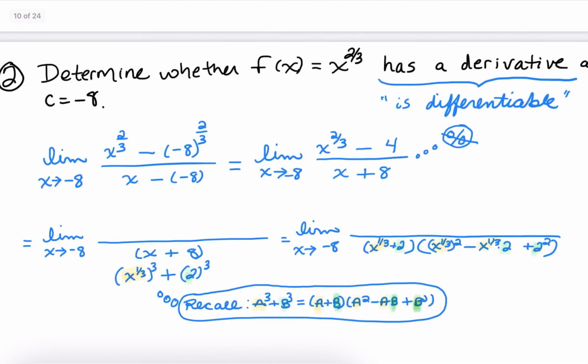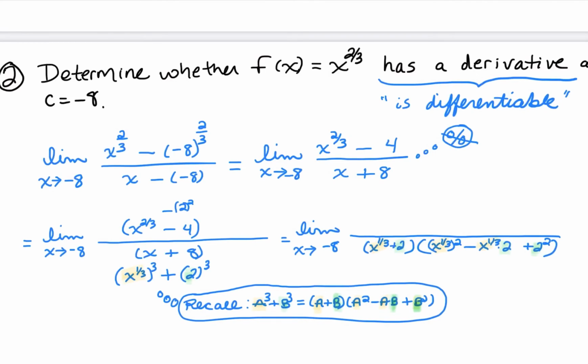Okay, what does that do for me in the numerator then? Well, maybe I should have started with that one. That one we actually could think of as the difference of two squares. So if we think of this x to the 2/3 minus 4, obviously the 4 can be written as 2 squared, so that's pretty clear.